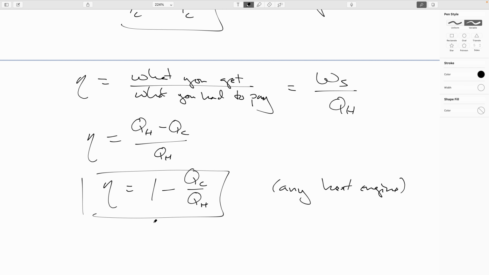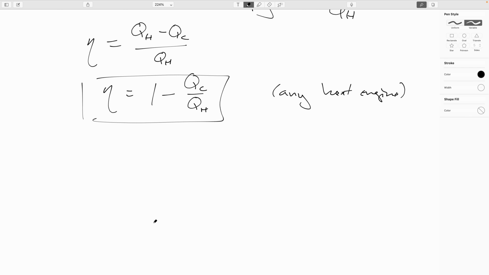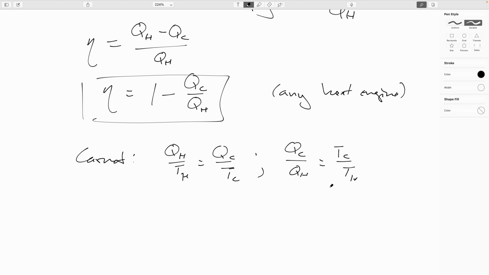However, for a Carnot process, we saw that Q hot over T hot equals Q cold over T cold. So we can do a little cross multiplying and get that Q cold over Q hot is equal to T cold over T hot.